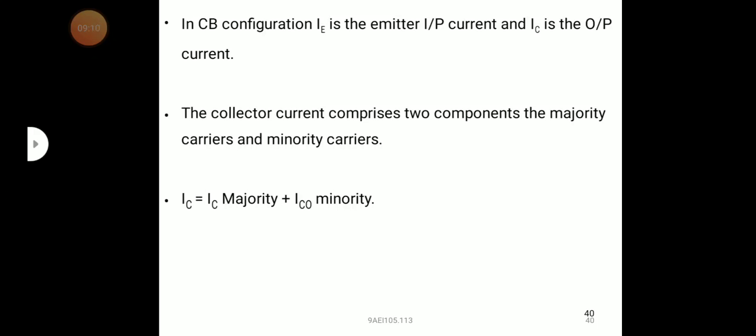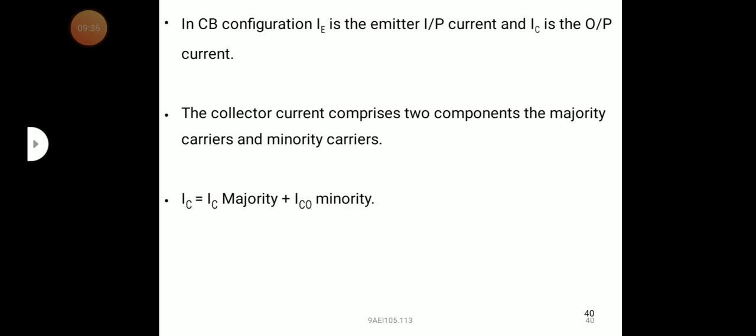Generally we consider only majority charge carriers, but if you write an equation, we need to consider all the values. If the majority is much larger compared to the minority charge carriers, we can neglect the minority effect. IC equals IC majority plus ICO minority.